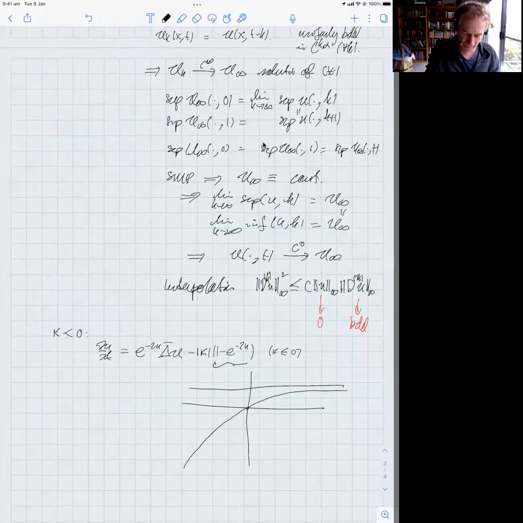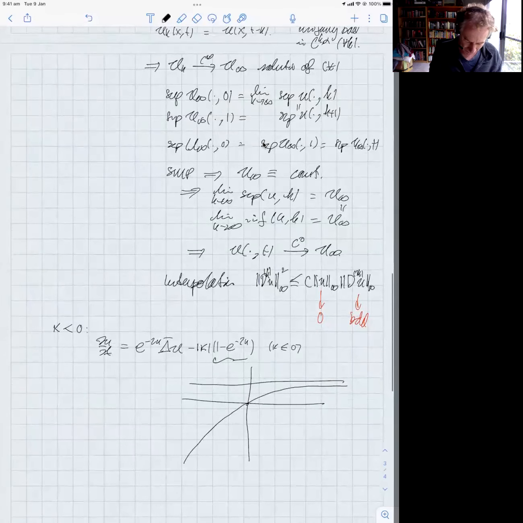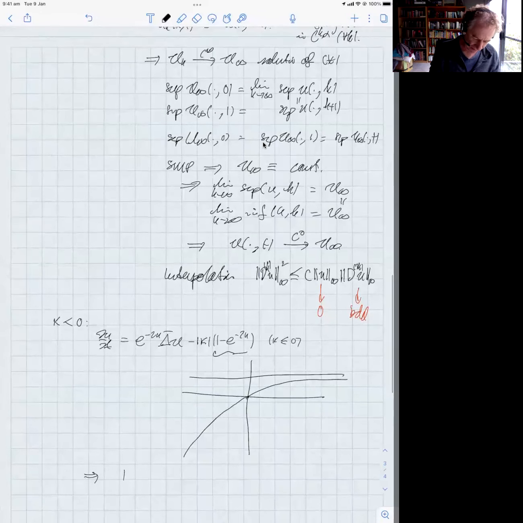And so you get an even stronger result from the maximum principle here. So the sup is not only decreasing, but it's decreasing at a rate given by this term on the right-hand side. So you can get from this actually that u has magnitude bounded by some constant times e to the minus 2 absolute kappa t.